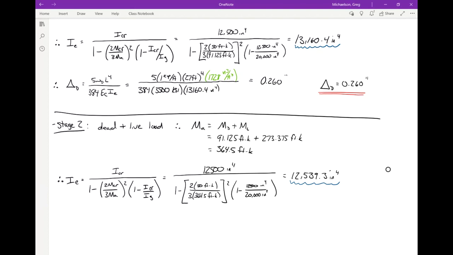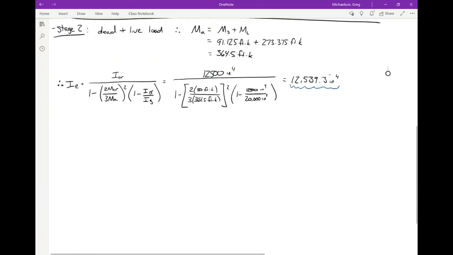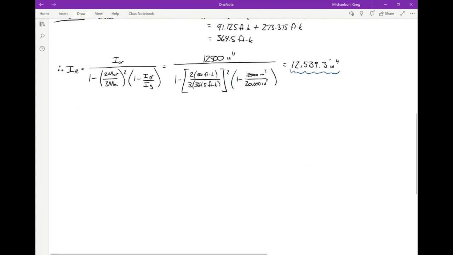Now we need to compute the deflection in stage 2. Now I want to show you something. We need to compute the deflection due to D plus L.